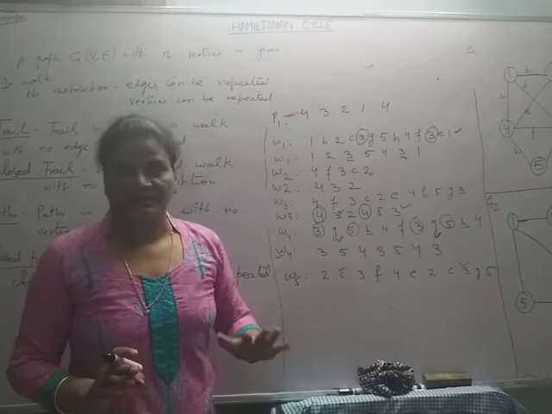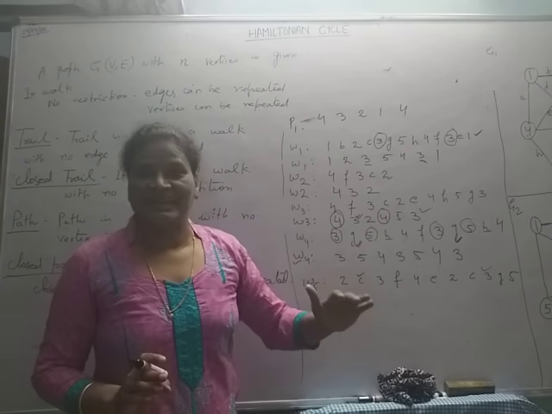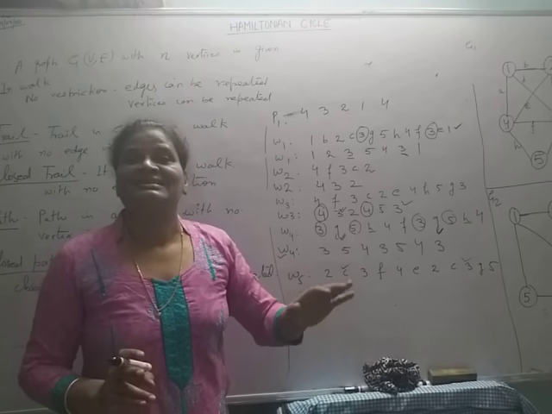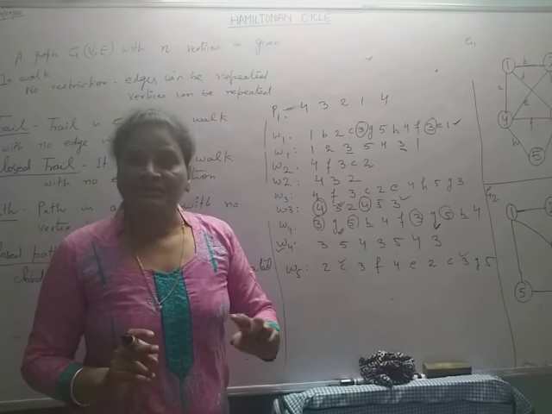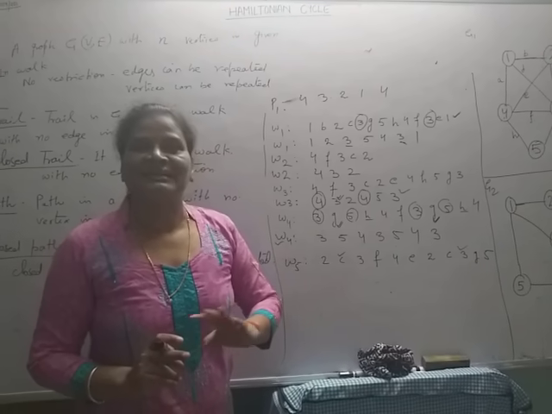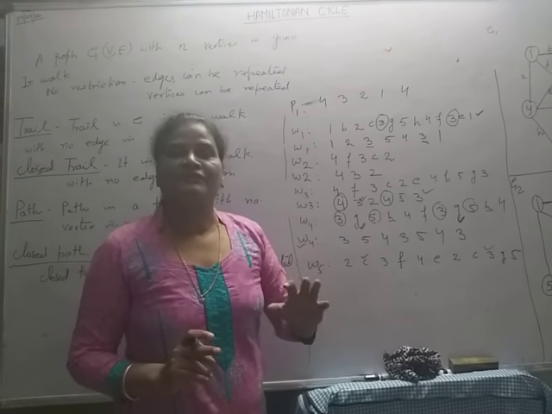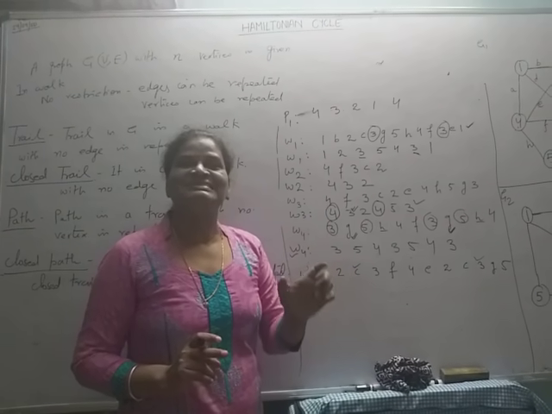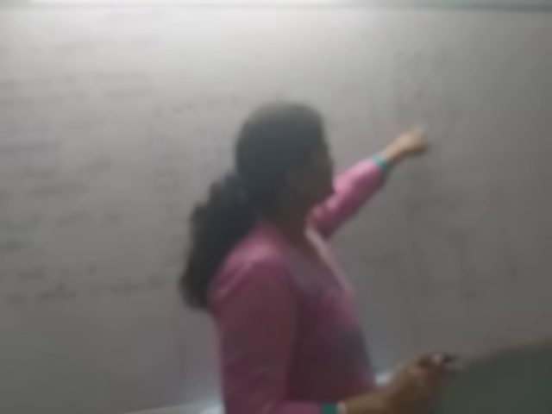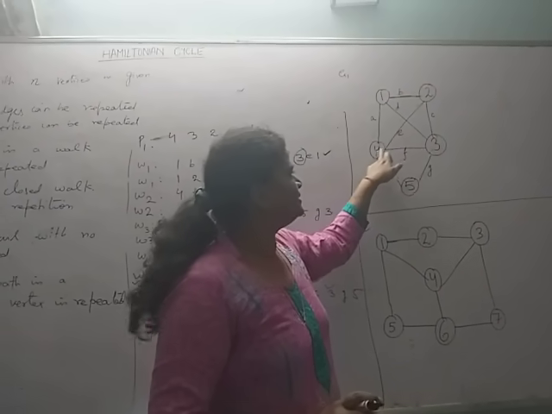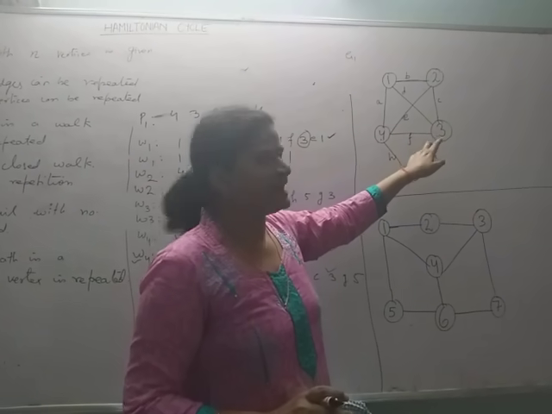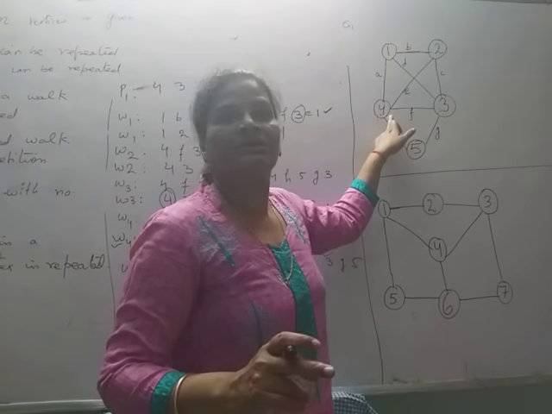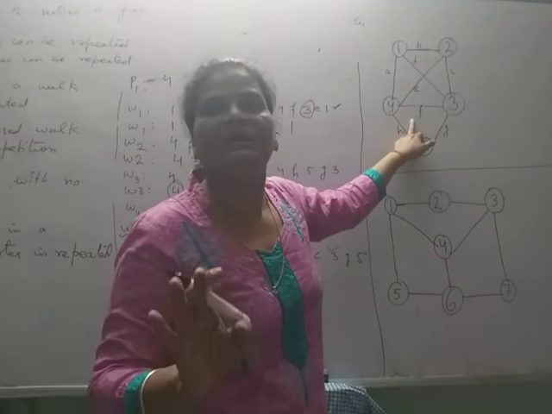Now come to the path. A path is a trail with one more restriction, that no vertex is repeated. If the vertex is not repeating, then there is no question of repetition of edges, as by definition an edge is incident on vertices. If the vertex is not repeated, then the edge cannot be repeated.